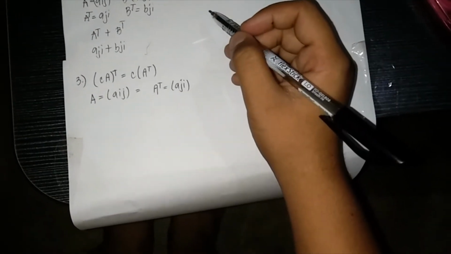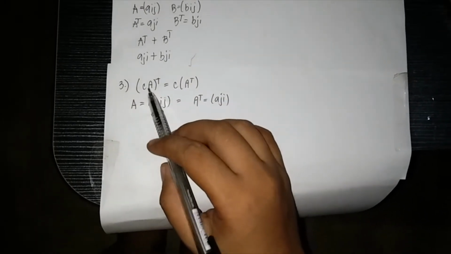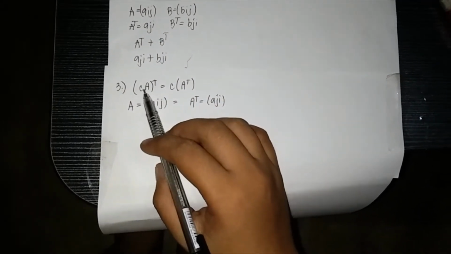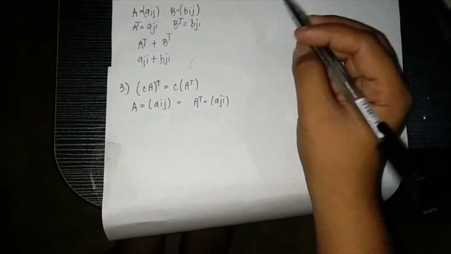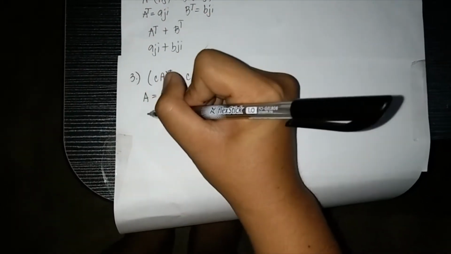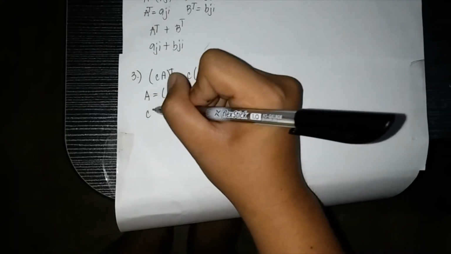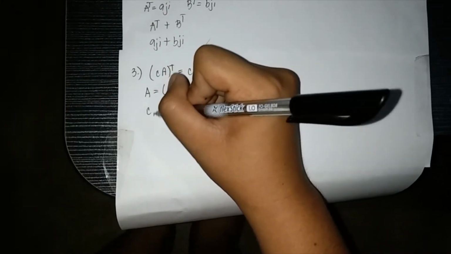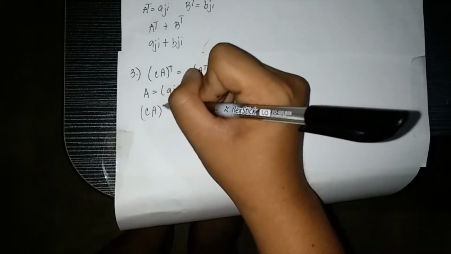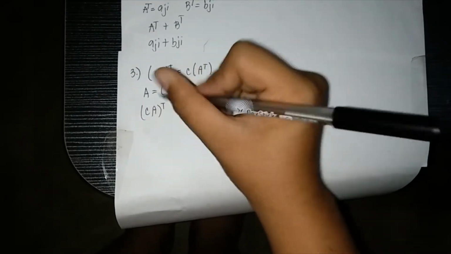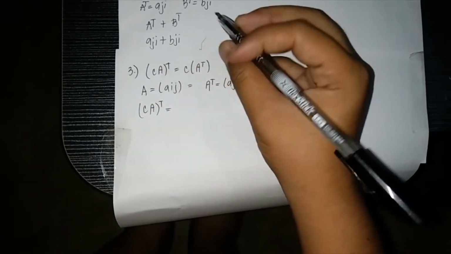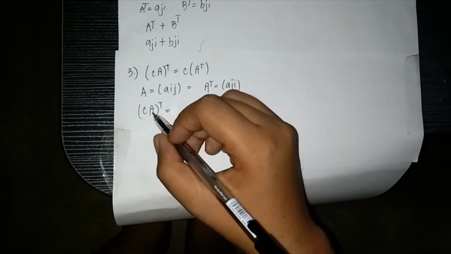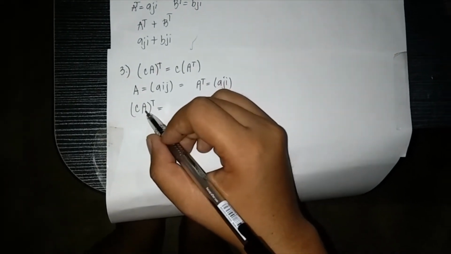So the first thing we need to prove is (C times A) transpose. So C times A transpose. We all know the value of A.